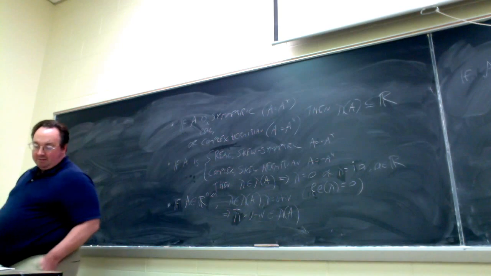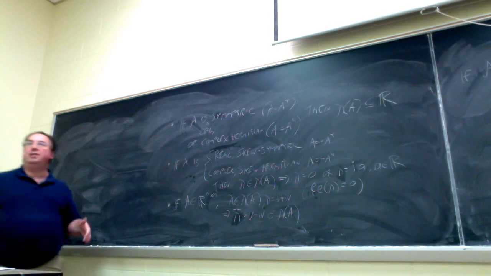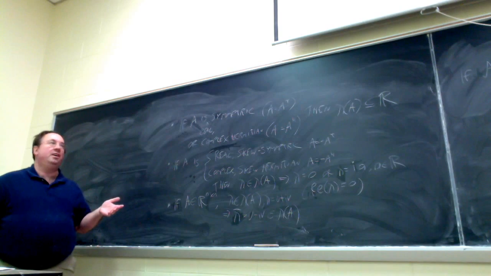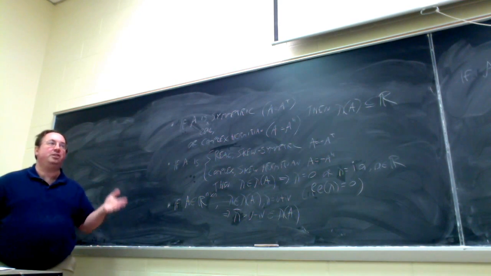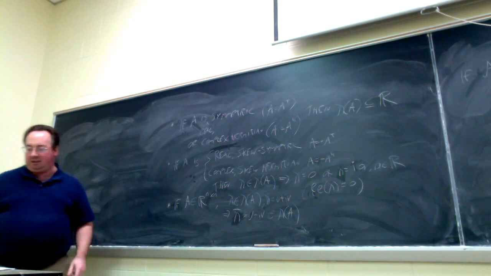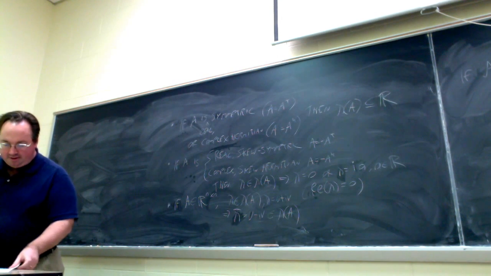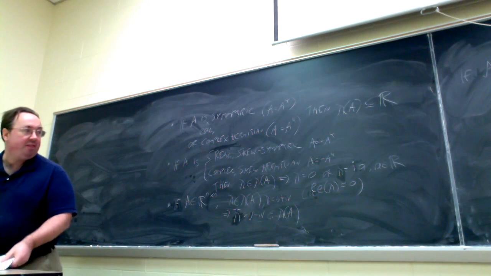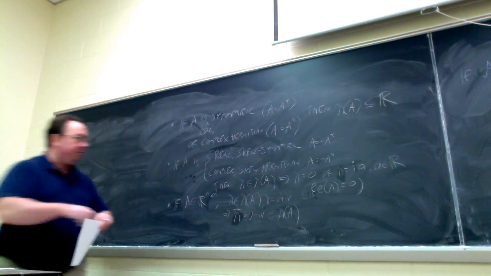And that's something that you would expect because eigenvalues are polynomial roots. If you have a polynomial of real coefficients and you take the roots, then what you get are real roots, or you get complex roots that must occur in complex conjugate pairs. So that's where that comes from. Okay. Now, a few more properties.